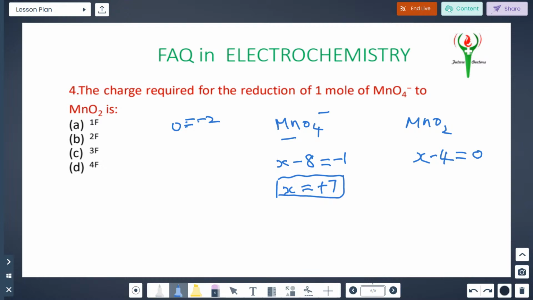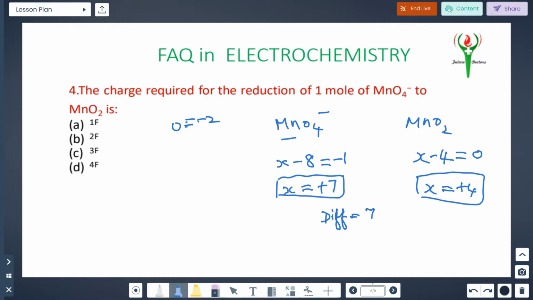But here no charge. Now x is equal to plus 4. Understood? Here manganese is plus 7, here manganese is plus 4. You take the difference. What's the difference between these two values?